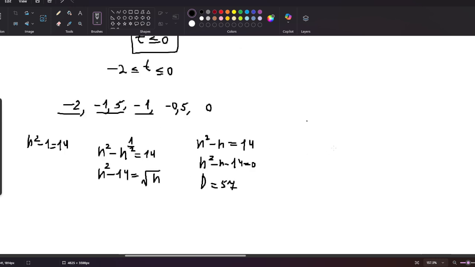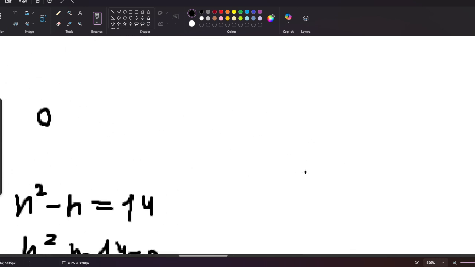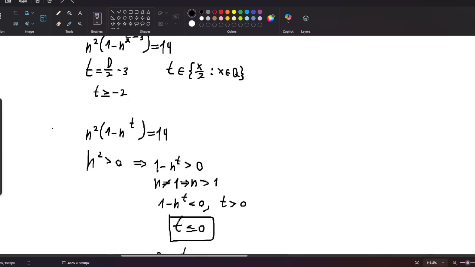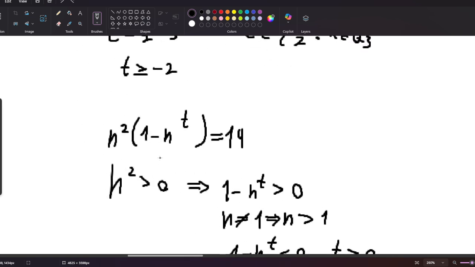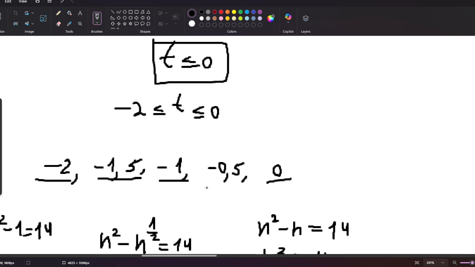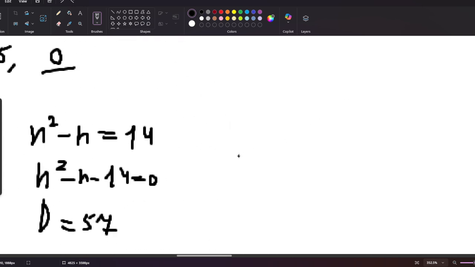Let's continue. Now, I review 0 first, it's just a simpler case. If it's 0, then if we were to plug it in, that just results in 0 here, and obviously does not match. So we have only one case to review, that's minus 0.5.